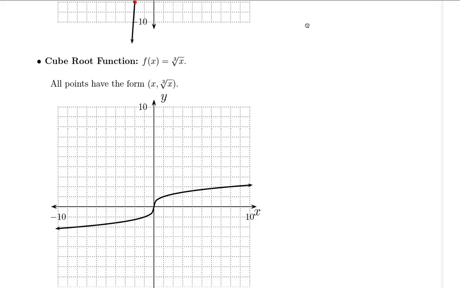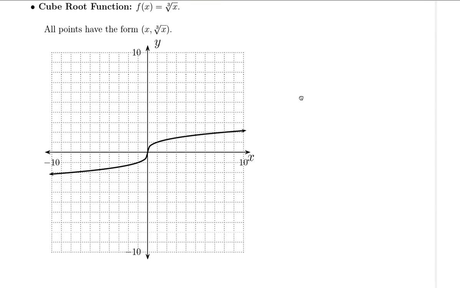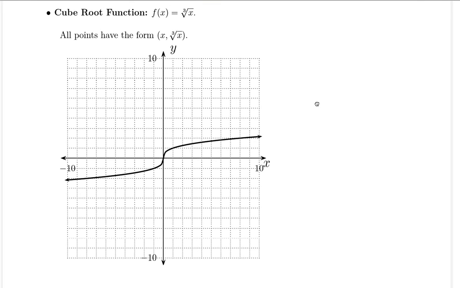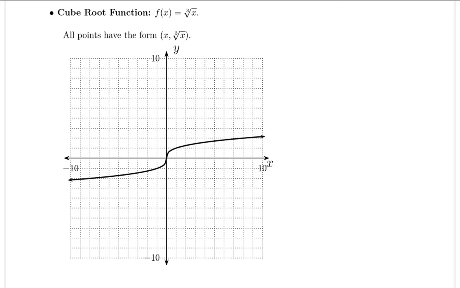And then we can also talk about the cube root. Again, let's start with y values instead of x values as we did for the square root. So, how can I produce -2, -1, 0, 1, and 2?